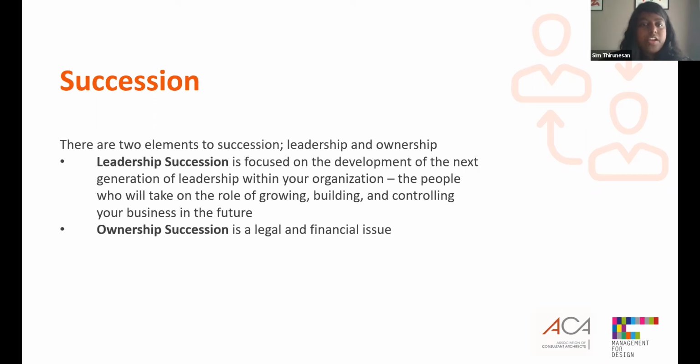Leadership succession is focused on the development of the next generation of leadership within your organization. These are the people who will take on the role of growing, building, and controlling your business in the future. It can be a tricky proposition in our industry, as quite often leaders of practices are the key initiators of design innovation and client relationship.